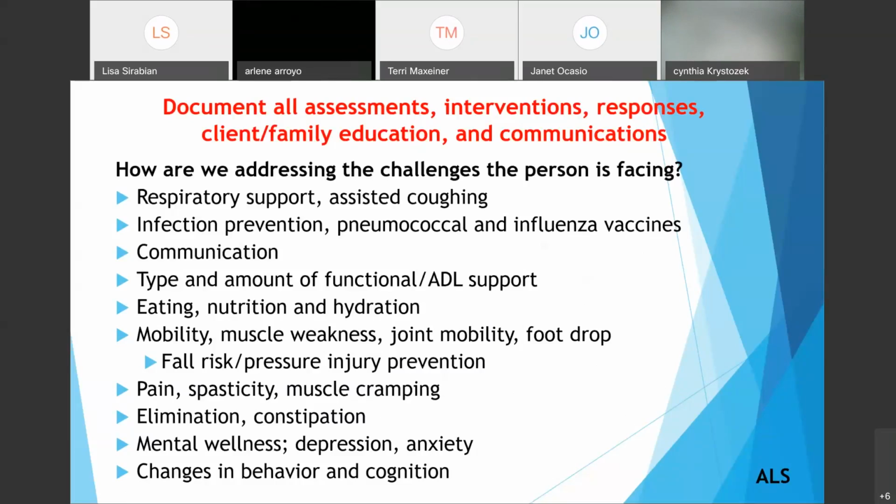While the person still has their abilities, start early working with the communication aids. The type and amount of assistance for function in ADL: eating, mobility, fall risk, pressure injury prevention, pain, spasticity, muscle cramping, elimination, mental wellness, changes in behavior, and cognition.